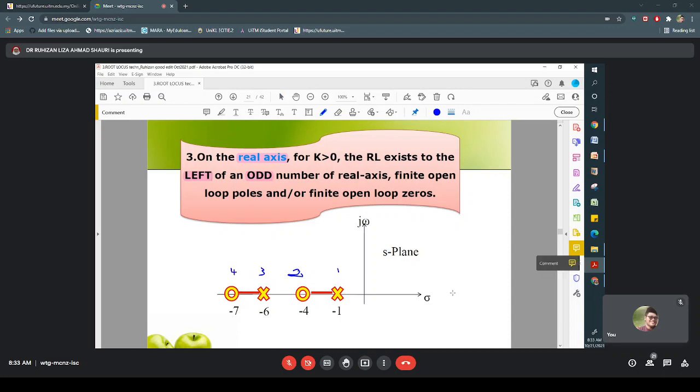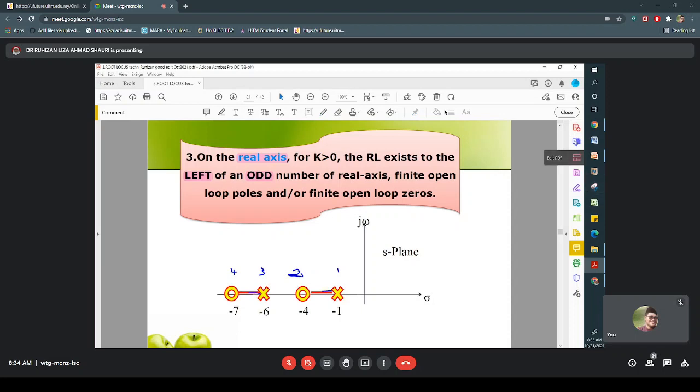First, second, third, fourth. The odd numbers are this one and this one. The locus exists on the left of the odd number. Left is here, isn't it? Can you see that? Do you understand what I mean?